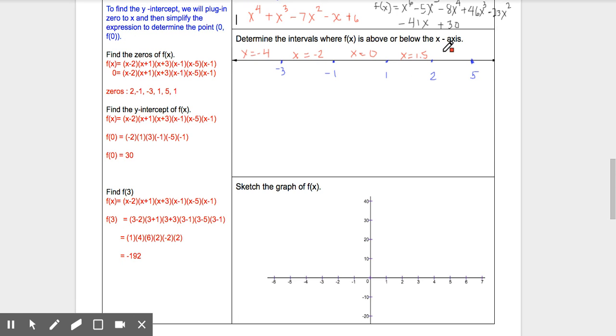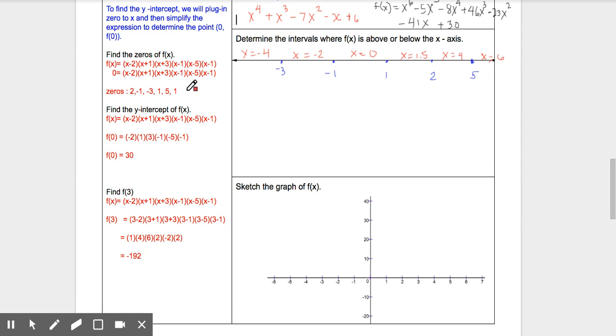Now, for this section, we'll use x equals either 3 or 4, because 3 and 4 are between these. Let's use 4. And in this section, we'll find 6, 7, 8, 9. So for convenience, let's use 6.